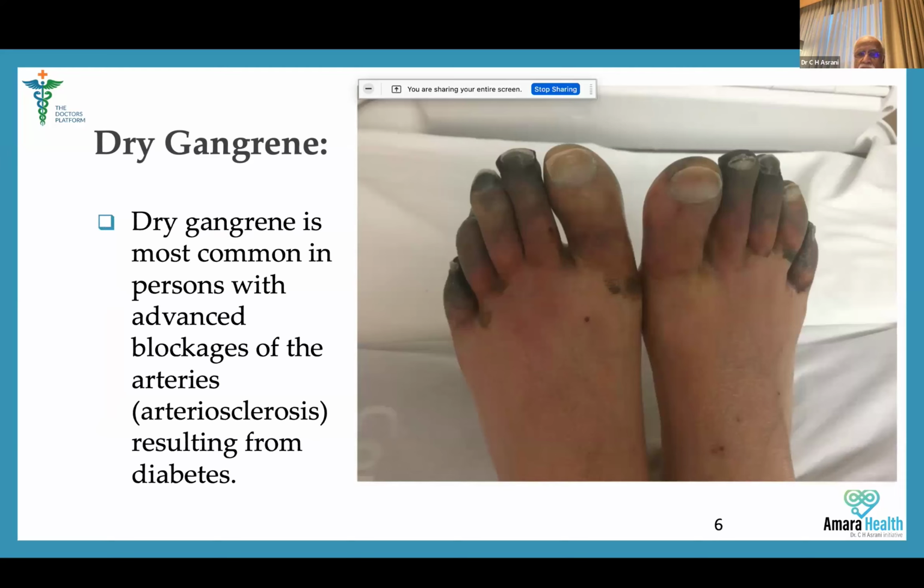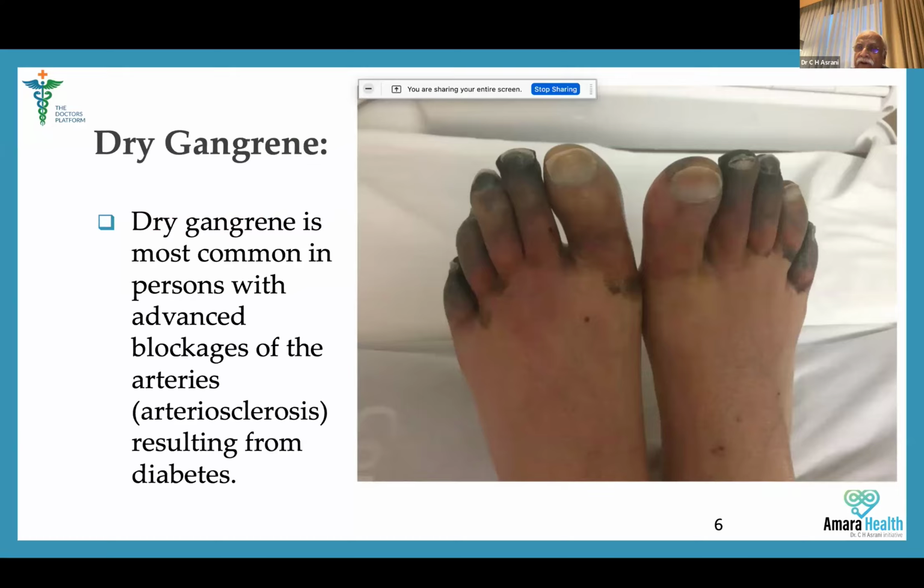Dry gangrene is most common in patients with advanced blockage of arteries, arteriosclerosis, resulting from diabetes, atherosclerosis, gangrene of bowel due to obstructed hernia, mesenteric artery thrombosis.